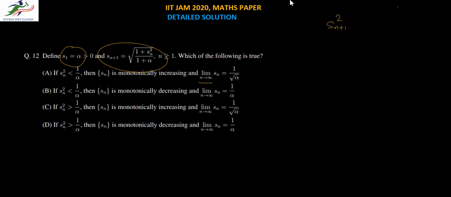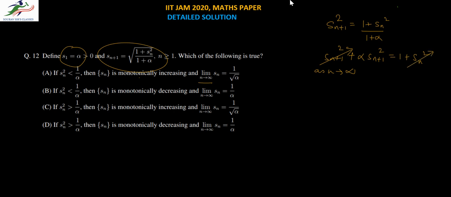S(n+1) square is equal to (1 plus Sn square) by (1 plus alpha), or S(n+1) square plus alpha S(n+1) square is equal to 1 plus Sn square. Now, as n tends towards infinity, Sn square will tend towards S(n+1) square.